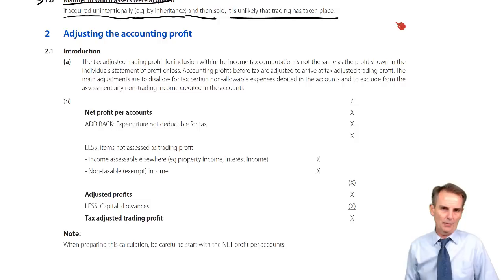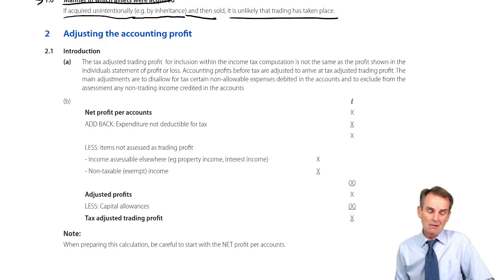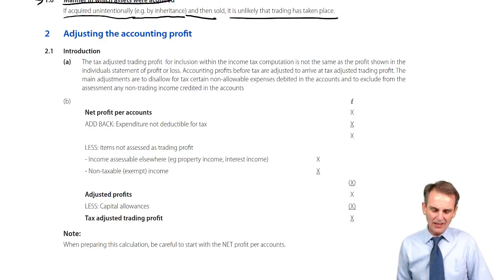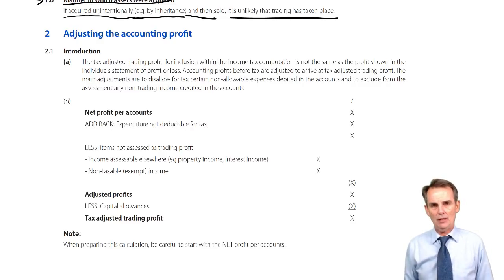But by far the most important part of this chapter, and something that will be tested in every exam, whether it's section A, B or C, I don't know, but will be tested in absolutely every exam, is the adjusting of the accounting profit. We know for the self-employed that they're going to be taxed on their so-called adjusted trading profit.